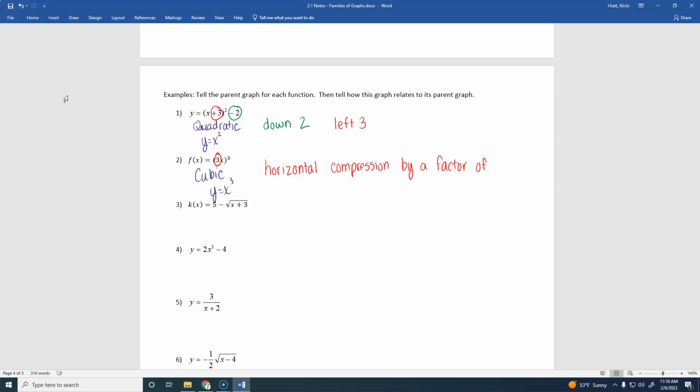It is a compression because we're multiplying by a big number, something bigger than 1, which is going to do the opposite. It's going to make it smaller. It's going to compress it. And so the factor is also kind of flipped there. So the factor is going to be 1/3. Because you're going to have 1 over whatever that number is.